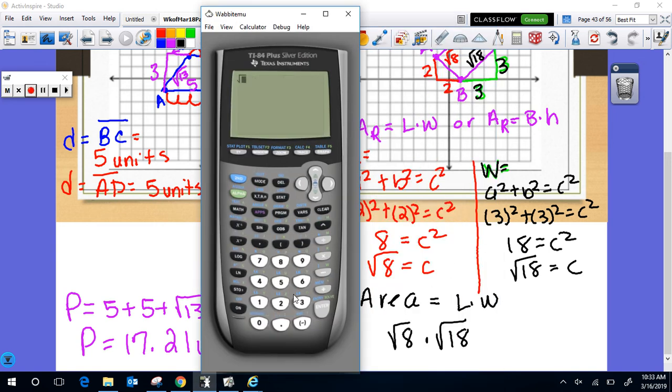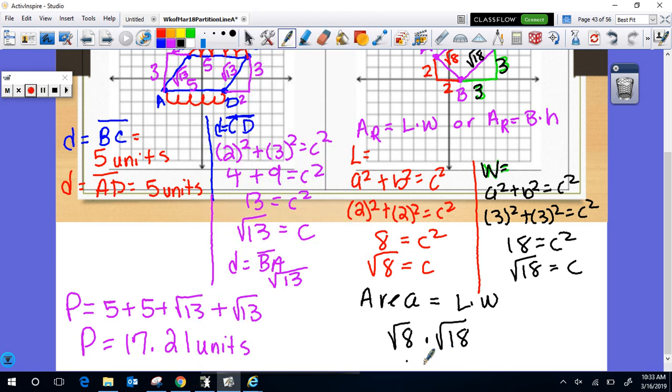The square root of 8 times the square root of 18 equals 12. So the area of this purple rectangle is 12 units squared, and you finish.